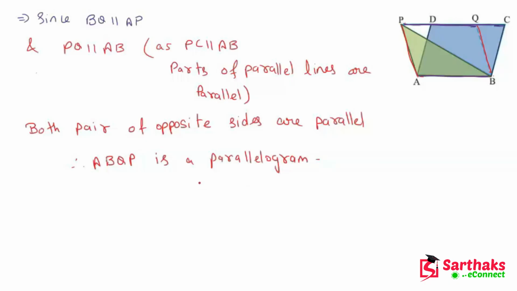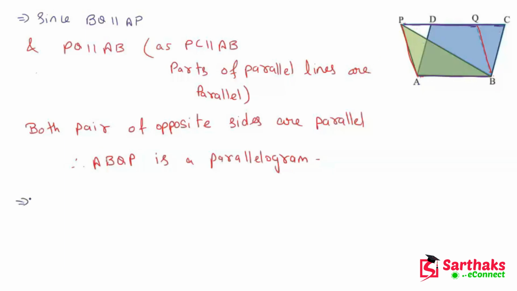Now we can observe that ABCD and ABQP are parallelograms, and these parallelograms are on the same base AB and between the same parallel lines AB and PC.